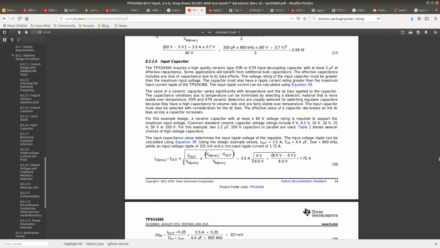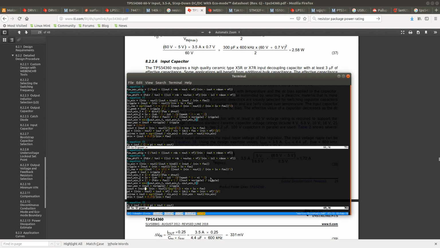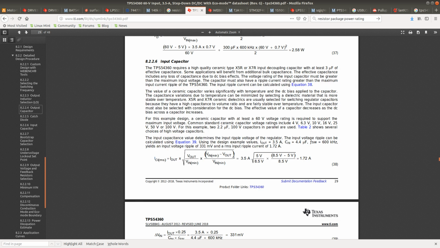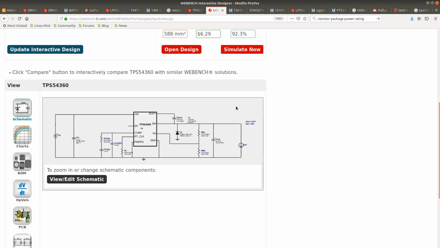Actually, I wonder if it's really necessary to have this capacitor. I want to check their WEBENCH and see here. They specify that this capacitor should be 47 microfarads. In which case using 100 microfarads is fine, because having a little bit more is just better since they degrade over time.